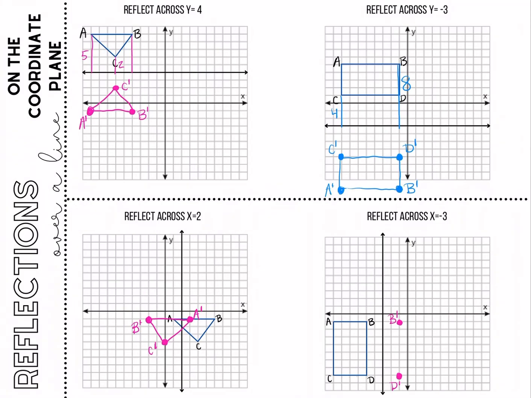So we're going to go 1, 2, 3, 4, 5, 6. So C prime is right here, and A prime is right here. Oh, that's an ugly rectangle. Okay, so that is the reflection of rectangle ABCD over x equals -3.